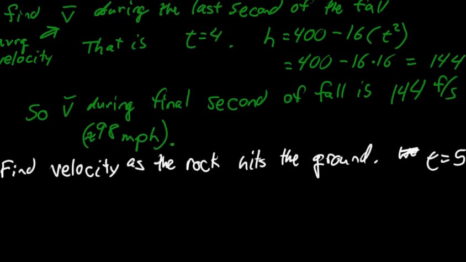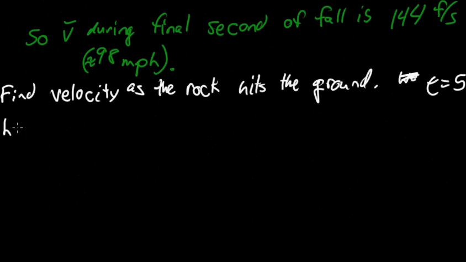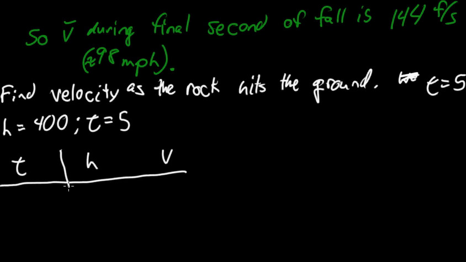We can make a little chart with time, height and velocity. Instead of just plugging in 5, because that'll give us an error, let's find the velocity at time equals 4 seconds.